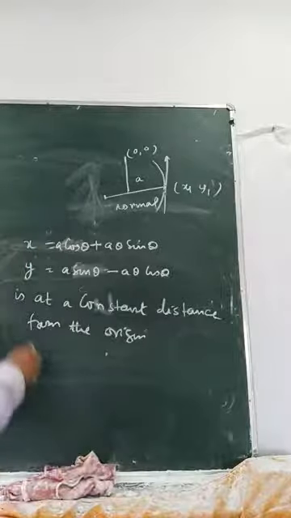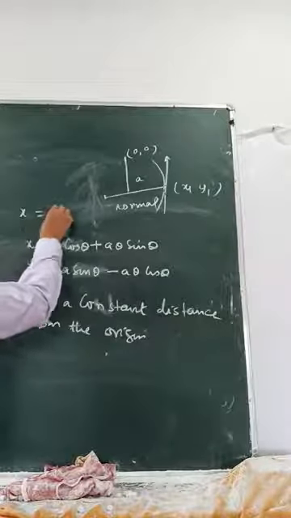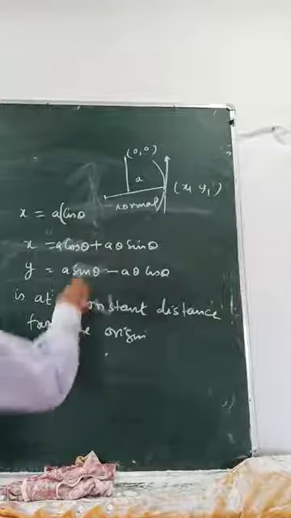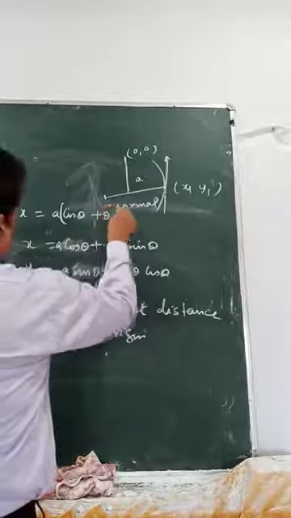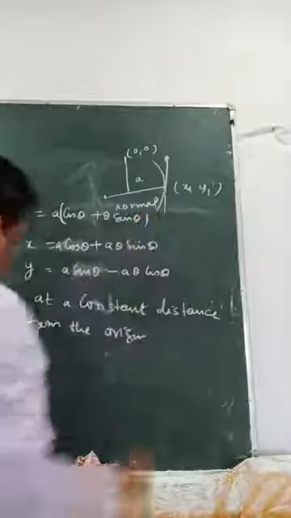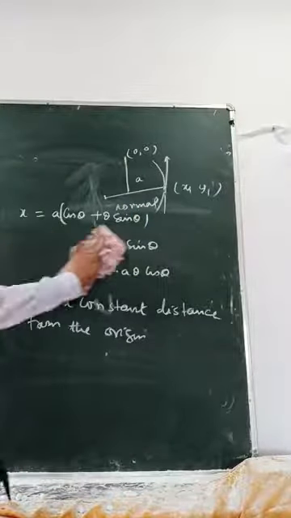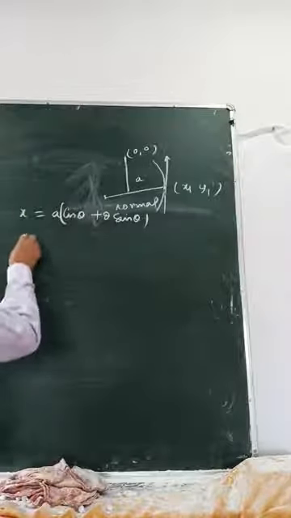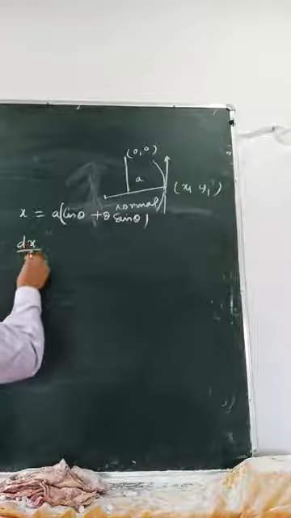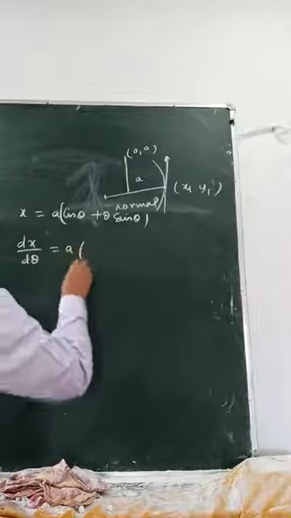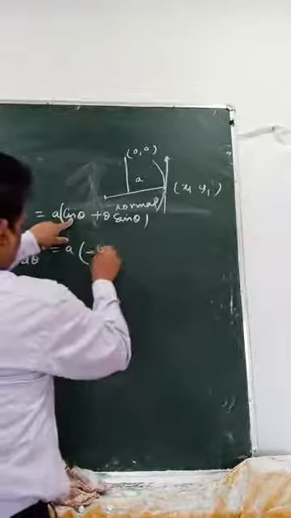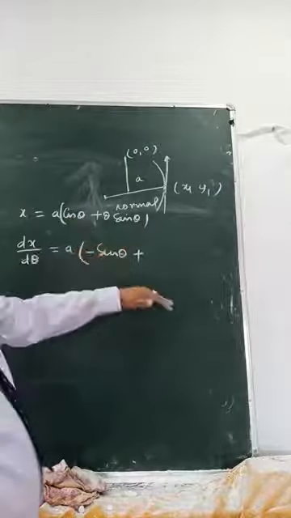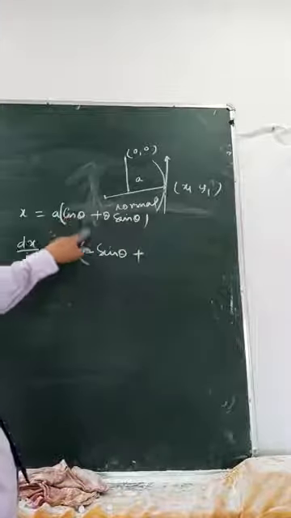Okay, let's see here. If x equals a cos theta plus theta sin theta, let's find dx by d theta. Dx by d theta equals a times its derivative. Derivative of cos theta is minus sin theta.